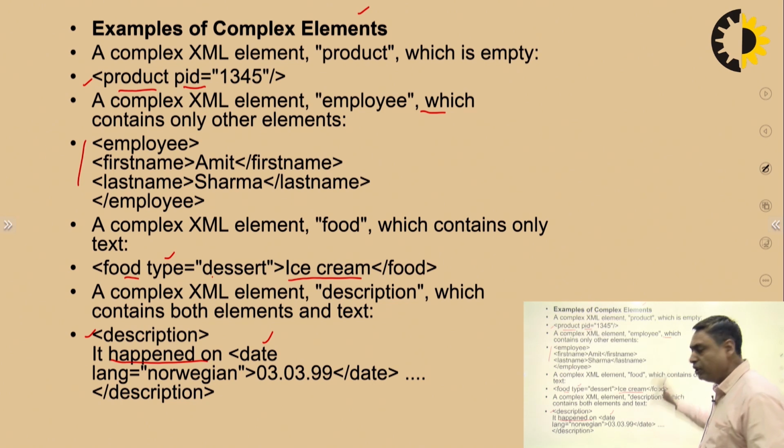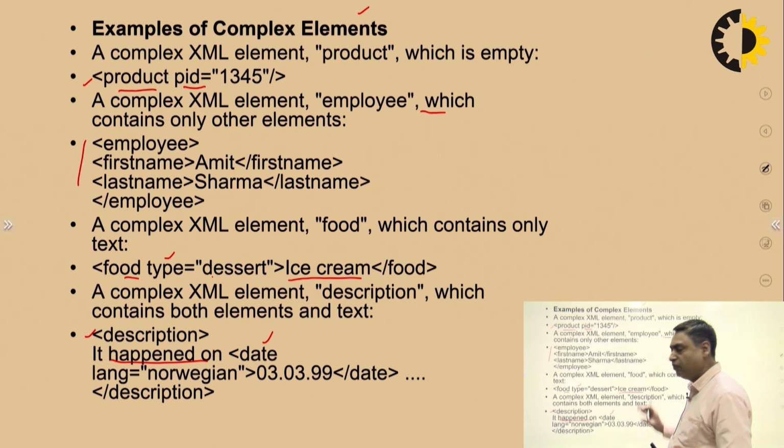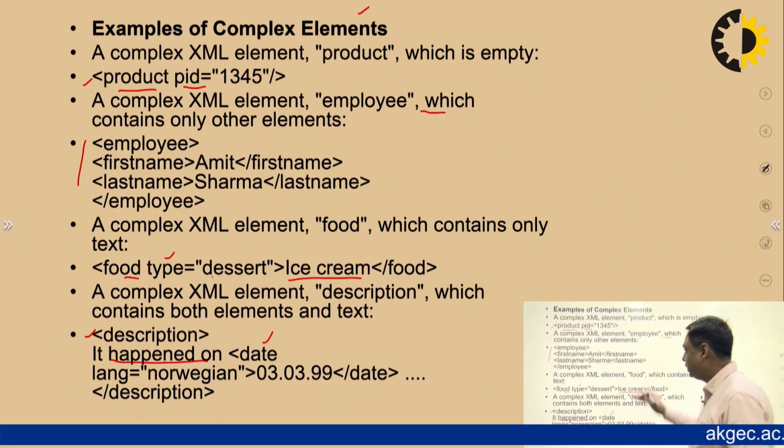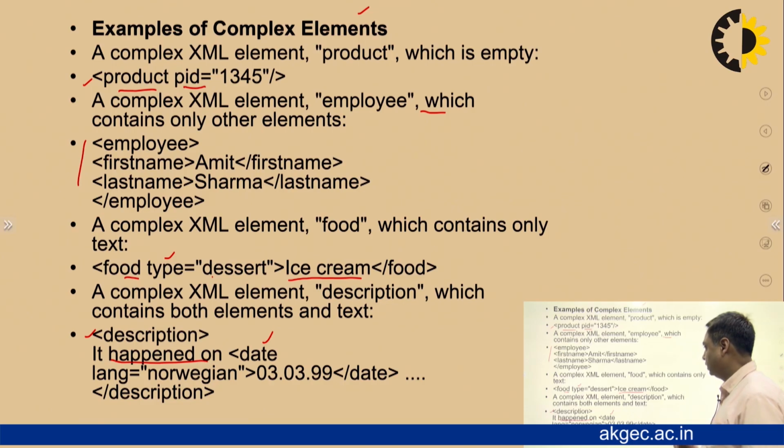These are very good examples of complex elements. This slide is covering every different type of complex element: the empty elements, the element within the element, and the element within the element with text. All different types of complex elements are considered here.